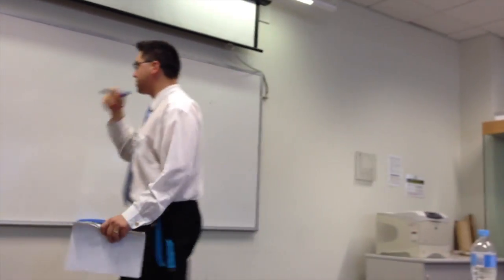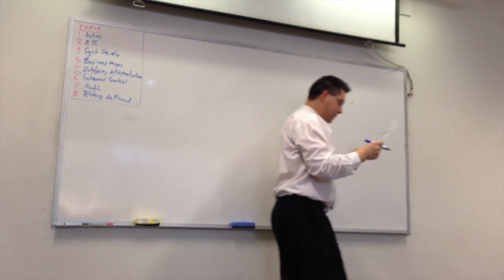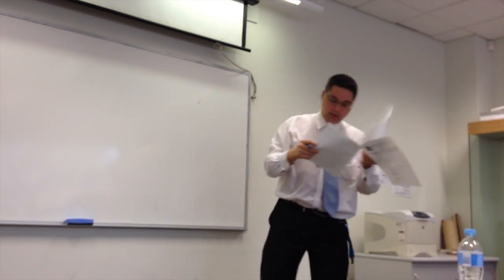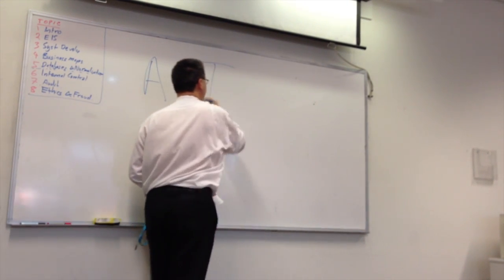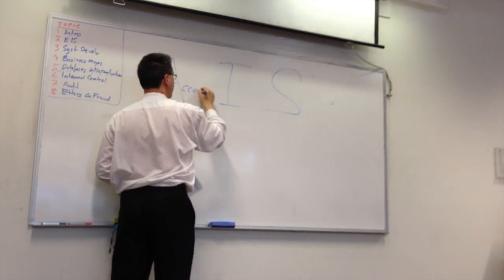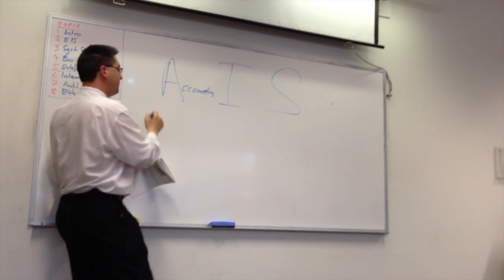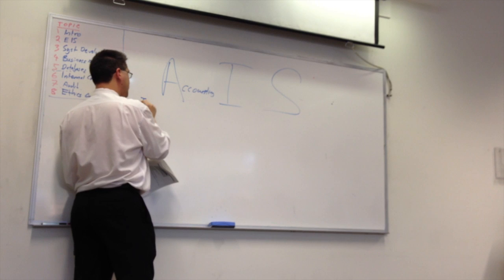Okay, so an introduction to accounting information systems. The first thing you need to know is accounting information systems, AIS, is made up of, first, accounting. And accounting starts off with debits and credits, so journal entries.